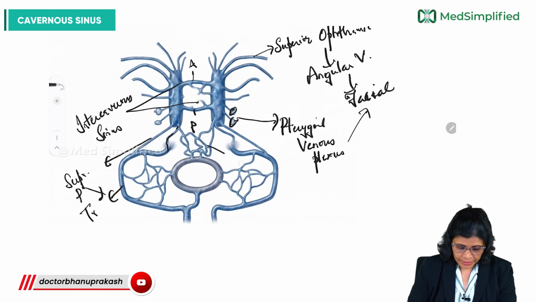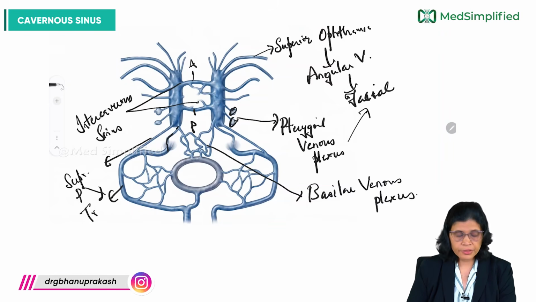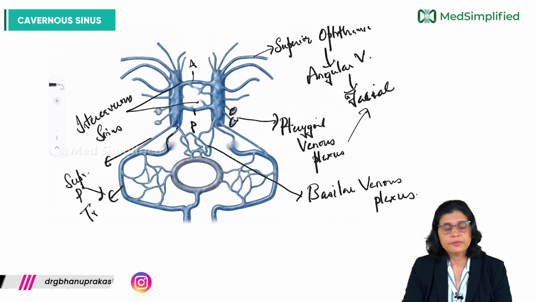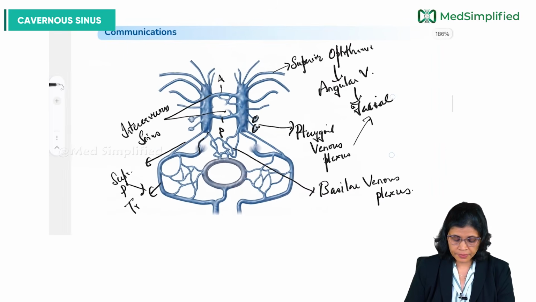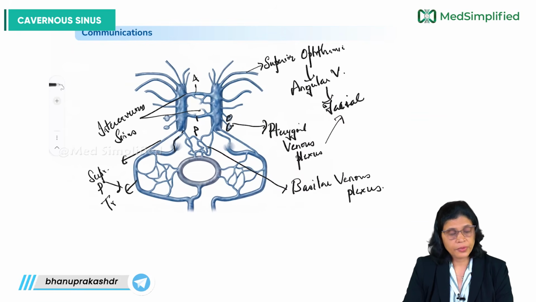And this is the basilar venous plexus here. So basilar venous plexus, through which it will communicate with the vertebral venous plexus, that is through the foramen magnum. So that is how the cavernous sinus communicates with extracranial veins.